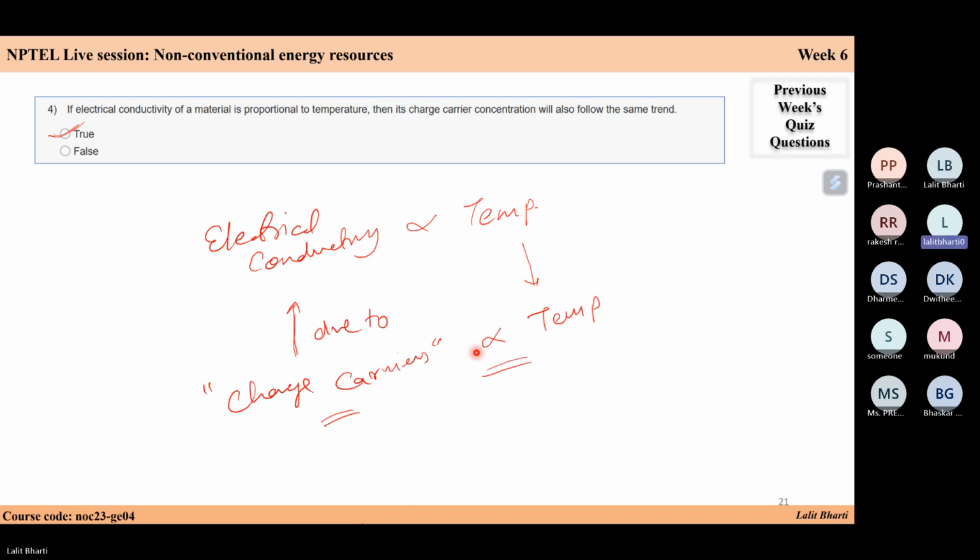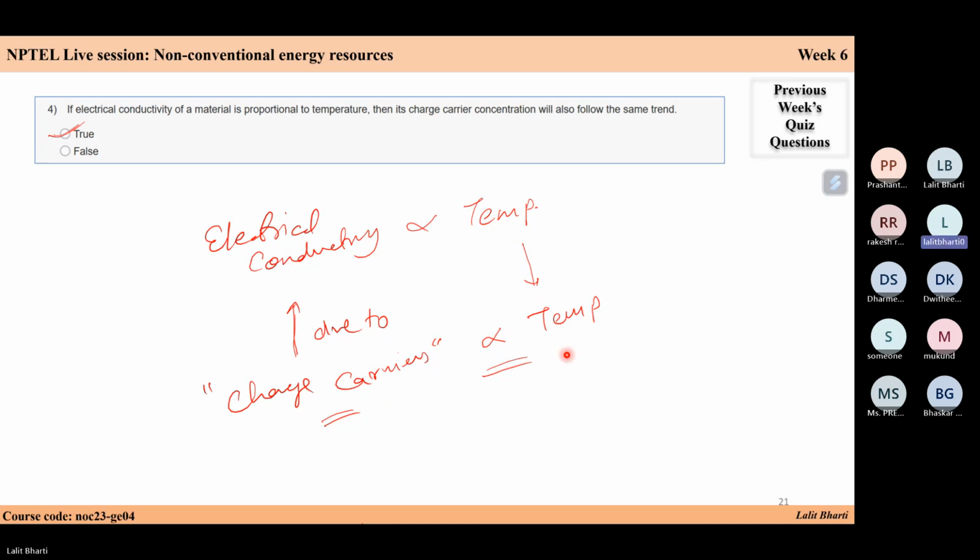So you can see that your electrical conductivity is due to your charge carriers. So if you have, let's say, electrons as charge carriers or holes as charge carriers, your electrical conductivity is due to the charge carriers. So for a higher temperature, your charge carrier concentration will be higher.